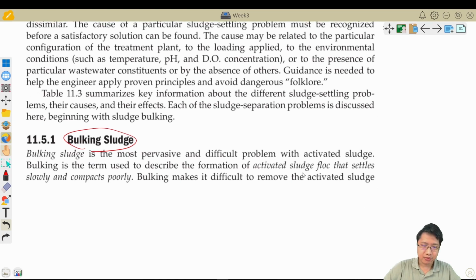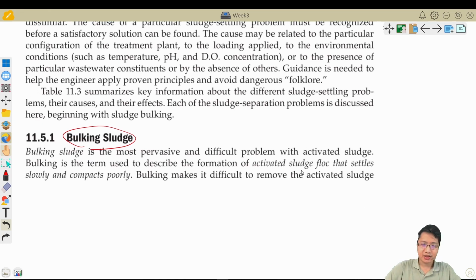Bulking sludge is the most pervasive problem that occurs with activated sludge.